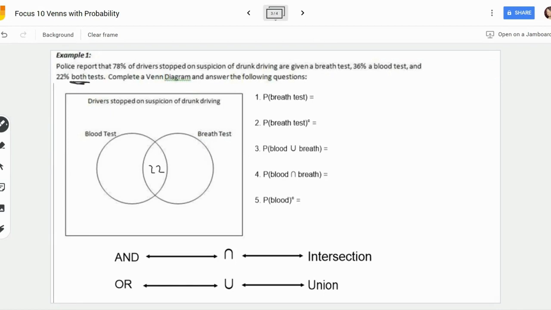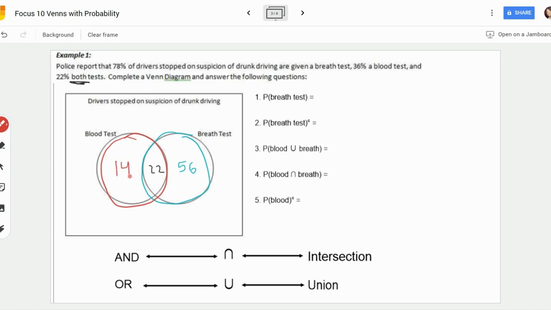78% is the full circle of breath tests. If this whole thing is 78 and 22 of it is right there, then this has to be 56 in this region. Same thing with the other one. It's 36 total, but 22 is in the middle, so this is 14.